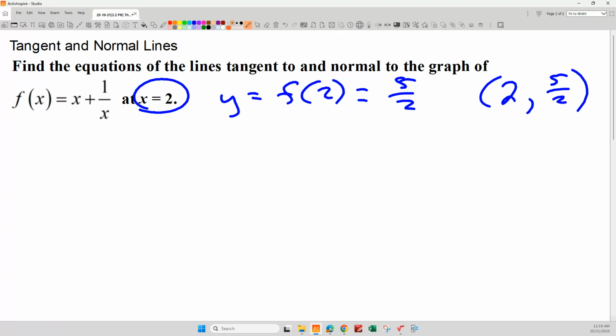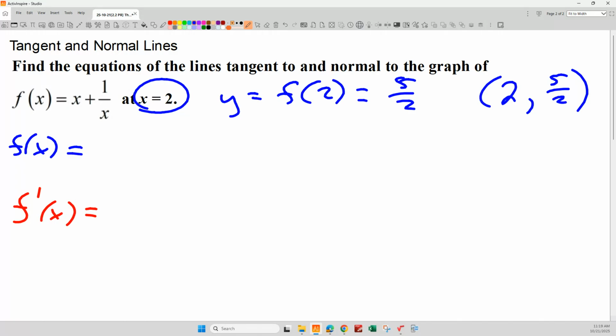In order to find the derivative, we need the derivative function though. Okay, so I want to calculate f prime. But before I do that, I need to rewrite this function, because it's not really written in a form where I'm able to see what the derivative is. Eventually you'll just do this in your head, but for now let's be a little more explicit about that.